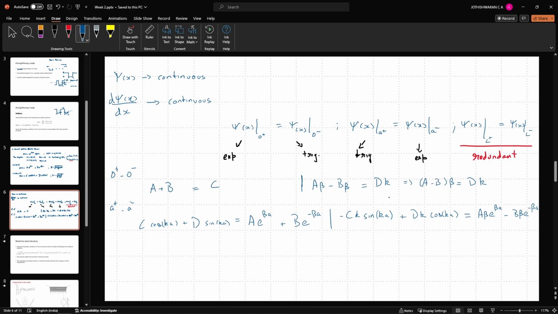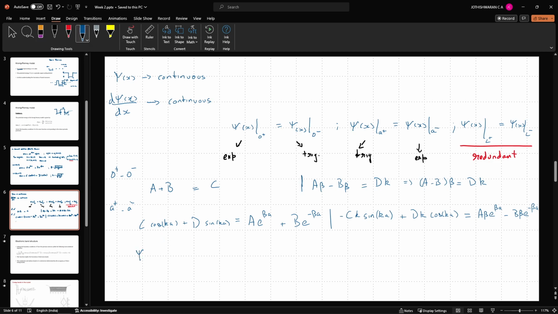But our problem actually does not end with this. What we need to ensure is that Bloch's theorem is also satisfied. So essentially after this, we will also have the condition which says psi of x, apologies, I should rather write it like this.